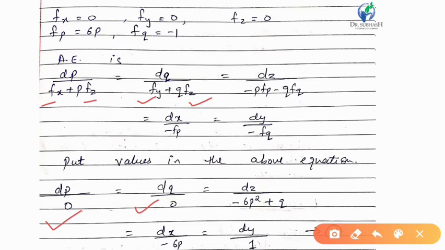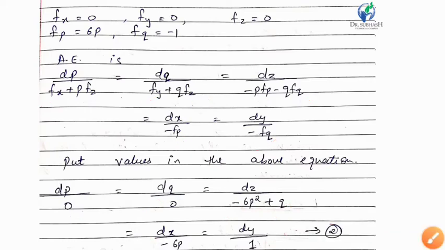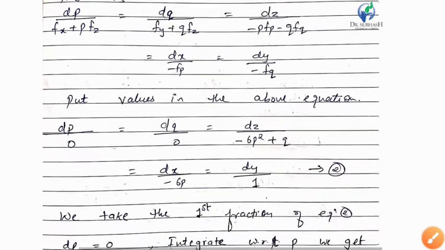In the next term, fp is equal to 6p, so 6p into minus p, I get minus 6p square, and fq equal to minus 1, so here I will get plus q. Similarly, I will put here the value of fp, that is 6p, so here I get dx upon minus 6p, and fq is minus 1, so dy upon minus minus, it will get plus 1. So here I will get plus 1. I name this as equation 2.